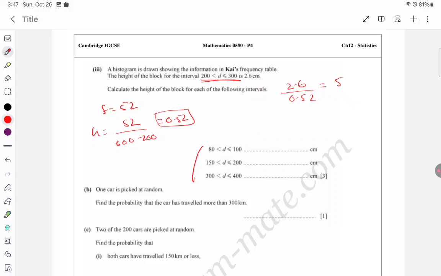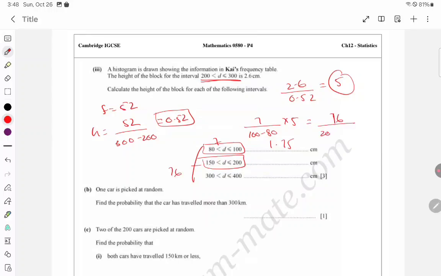Now for the first value, at this distance the frequency is 7. So 7 over this distance, multiplied by 5, will give the answer of 1.75. And at this, by looking at the table, the frequency will be 76. So 76 divided by 200 minus 150 multiplied by 5 will give you the answer of 7.6.